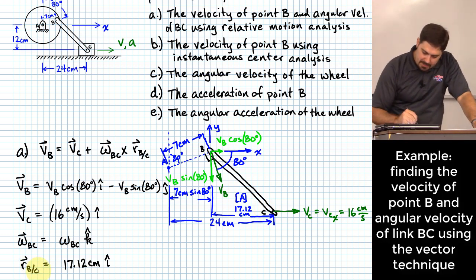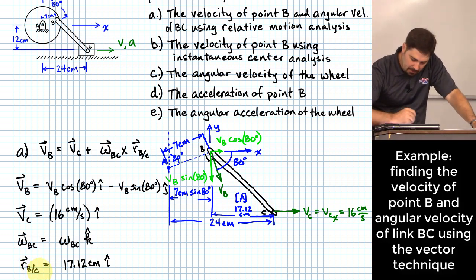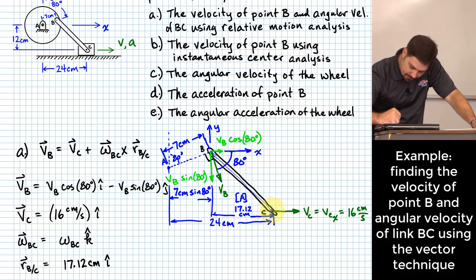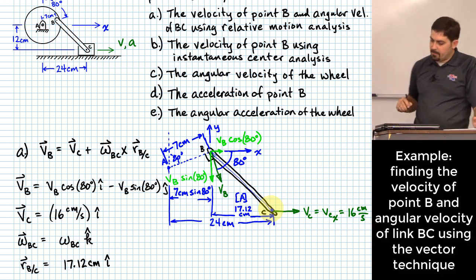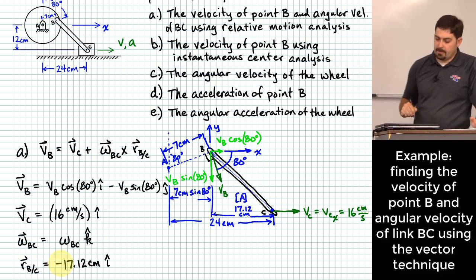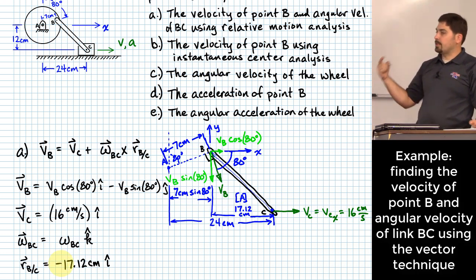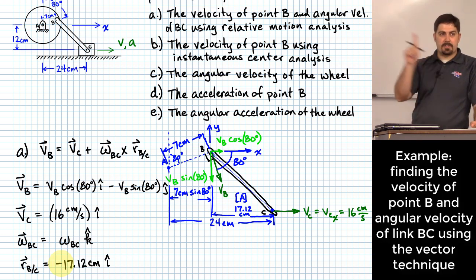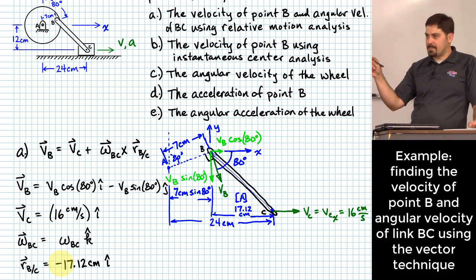Whenever you have B slash C, the head goes at the first one, right? So there's going to be the head of that R vector up here, and the tail is back there, which means that when I define this vector, I need to define it with a negative because I'm going to the left, where X is positive to the right. Does that make sense?